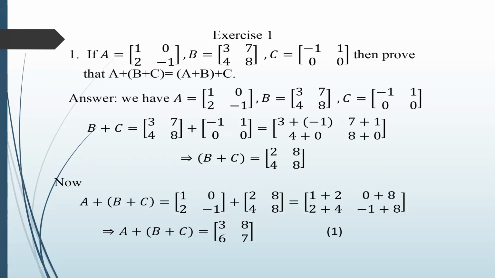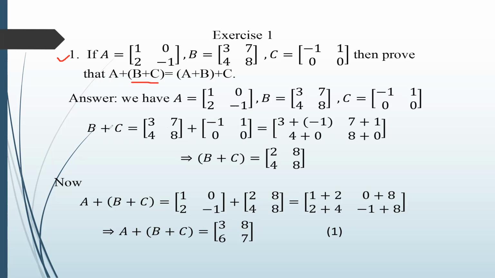Now these are some questions from exercise 1. The first question is: if A equals this, B equals this, and C equals this, then prove that A plus (B plus C) equals (A plus B) plus C. First we find B plus C. B is 3, 7, 4, 8, and C is minus 1, 1, 0, 0.